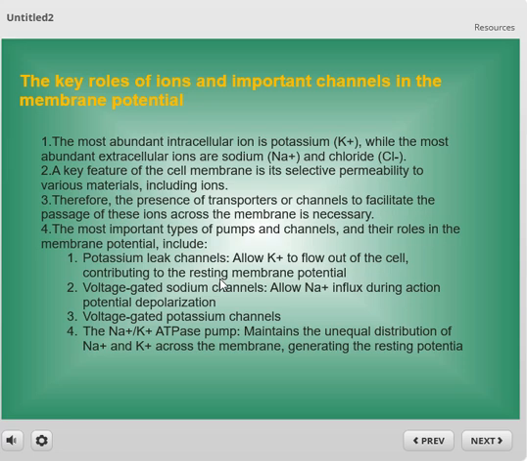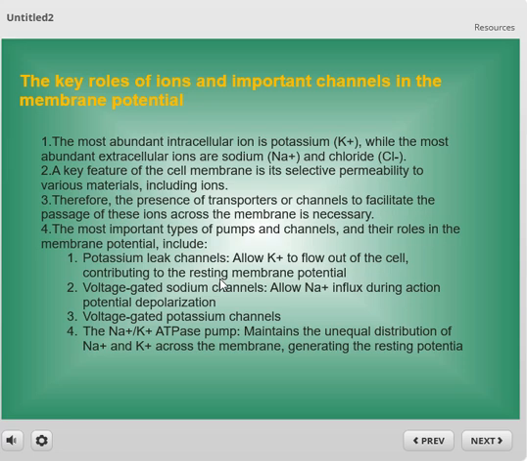We have a sodium-potassium ATPase pump in the cell membrane that actively transports 3 sodium out and 2 potassium into the cell, maintaining the unequal distribution of these ions across the membrane.